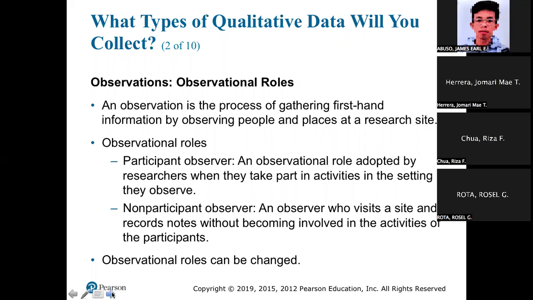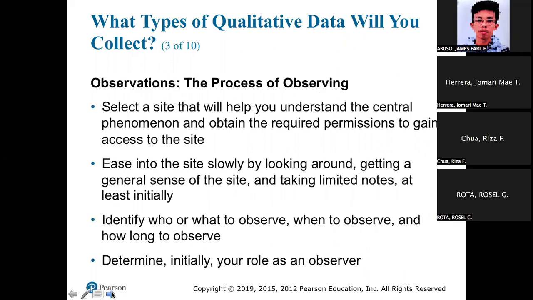Okay. Riza Chua, could you read the process of observing? The process of observing: first, select a site that will help you understand the central phenomenon and obtain the required permissions to gain access to the site.